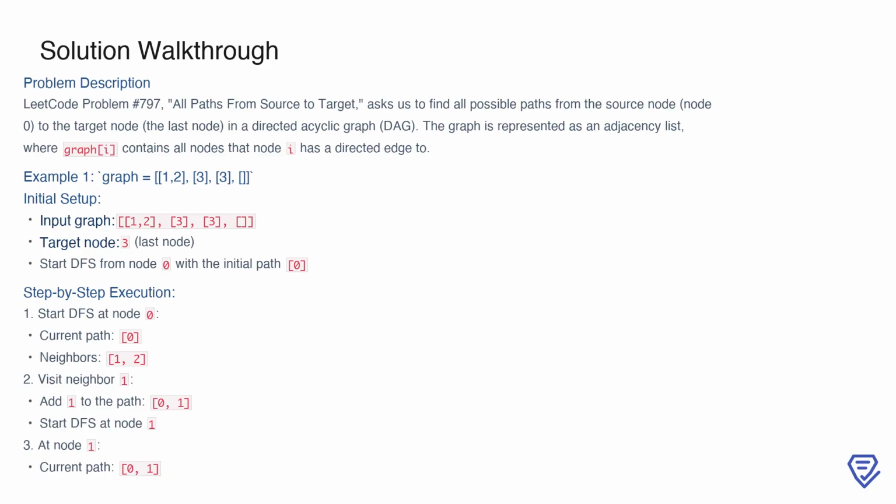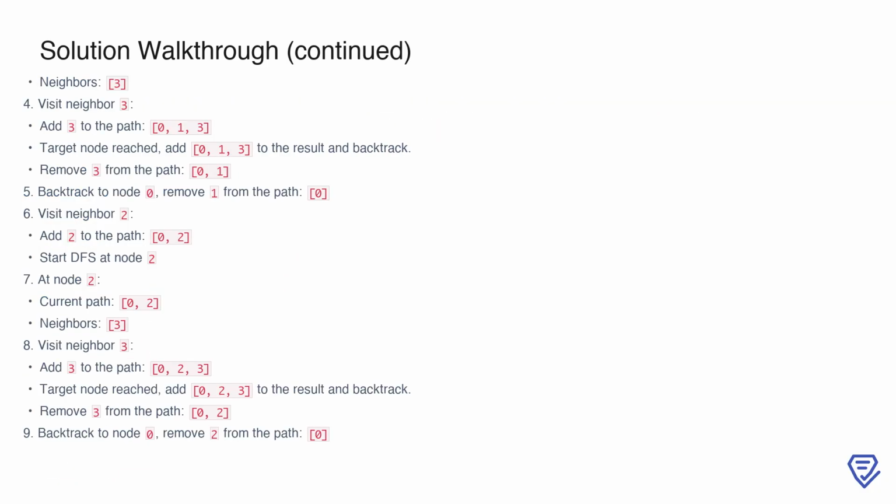We start a depth-first search, or DFS, from the source node 0, initializing our path as [0]. From node 0, we observe that it has two neighbors, 1 and 2. First, we visit neighbor 1, adding it to our path, which now becomes [0, 1]. Then, we continue our DFS from node 1. At node 1, we see that it has one neighbor, node 3.